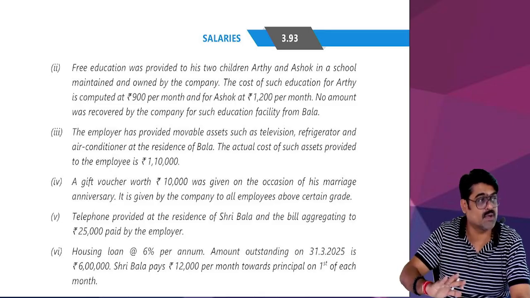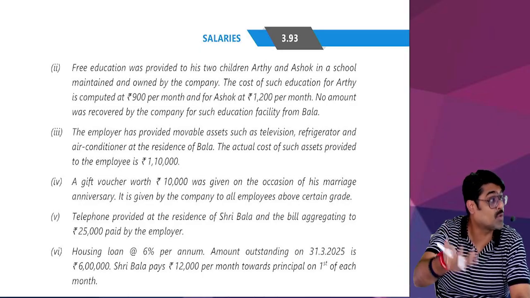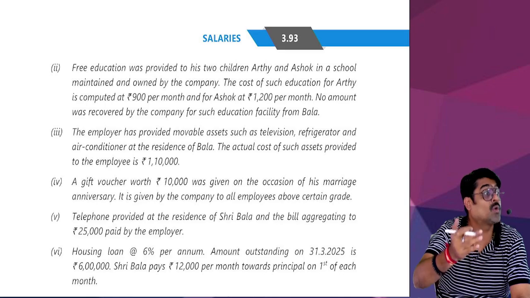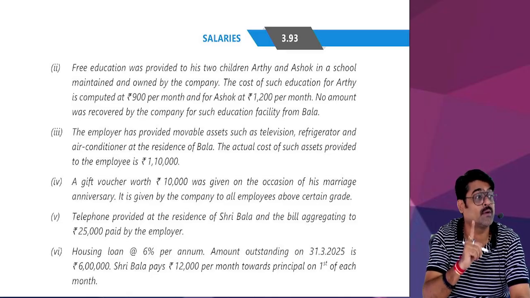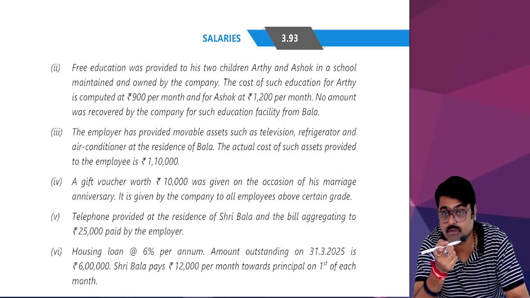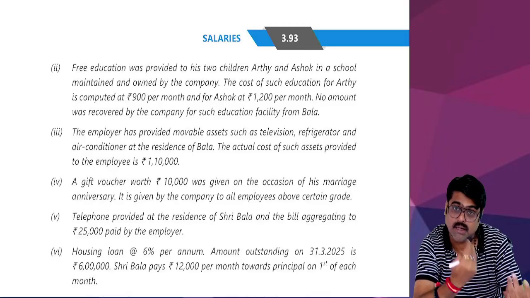So employees' children getting education in a school which is owned and maintained by employer. Whatever reasonable cost of education is there, up to 1,000 rupees per month per child, 1,000 rupees, not 500, it is exempt.